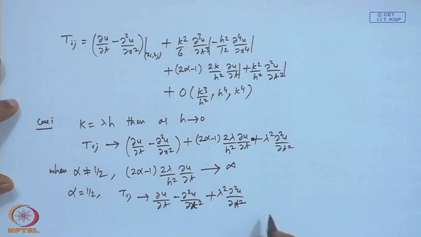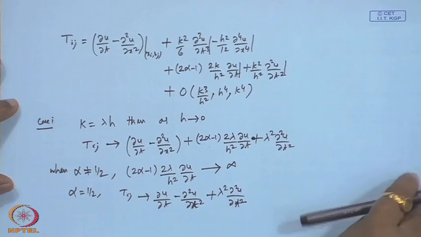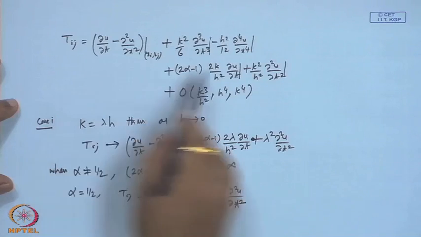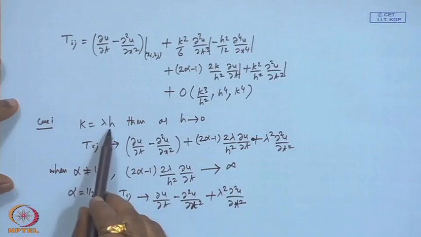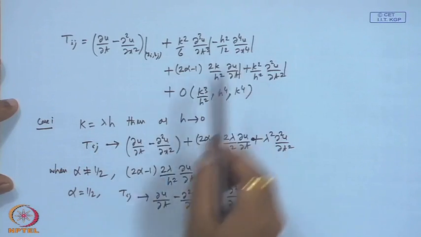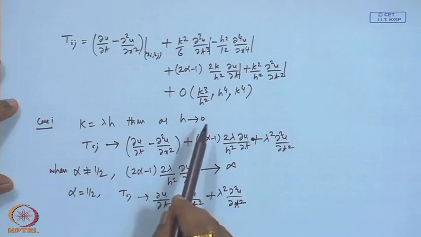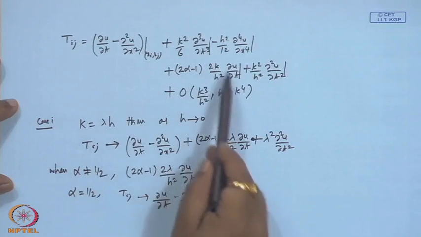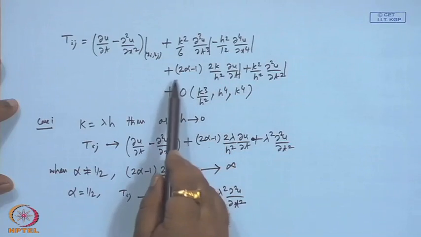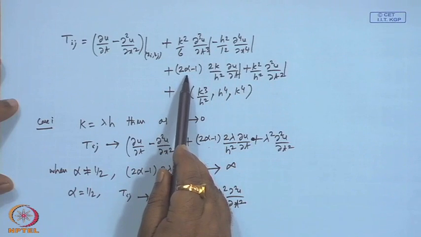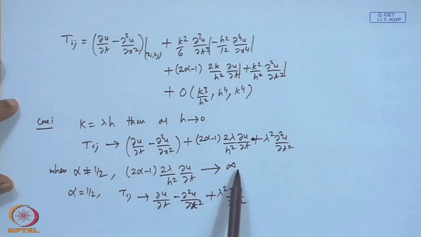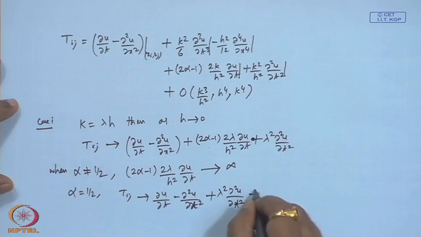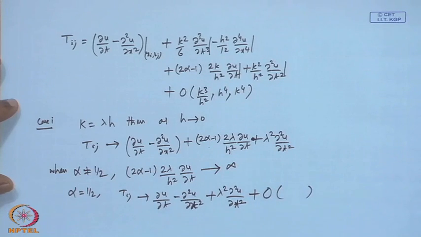So, therefore, what is the net conclusion? So, you expand, then in this case k is lambda h, so you substitute, then take limit h goes to 0. So, you can see this has to be taken in two different cases, when alpha is half and when alpha is not equal to half. When it is not half, this blows up, whereas when alpha equals half, T goes to this plus the other terms. Okay.